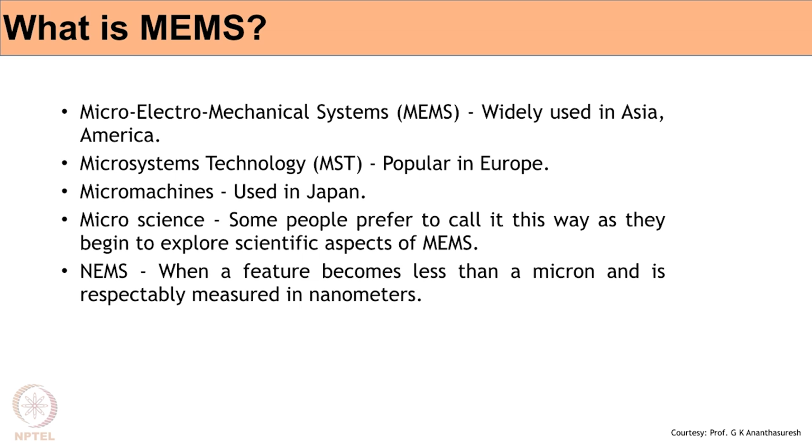So it has different names in different countries, but ultimately this all points to systems or devices which are in the microscale and operate in the microscale range. And if you go even below 1 micron, where feature size is measured in the nanometer scale, then it is NEMS, or nano electromechanical systems. For this course we will be restricted only to micro electromechanical systems.